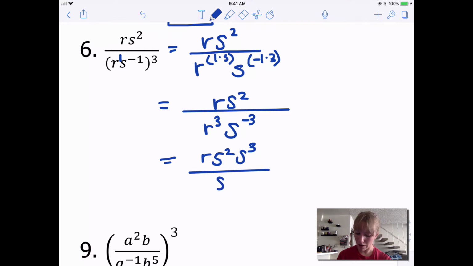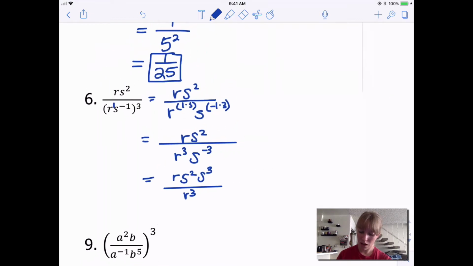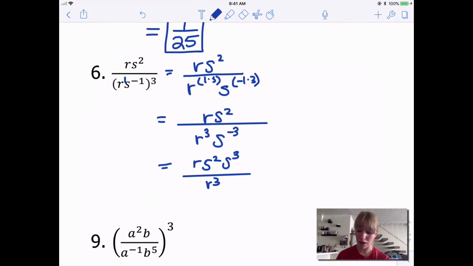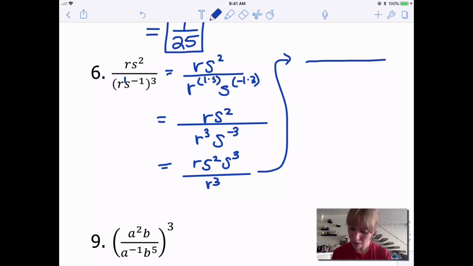On the bottom, I have an r cubed. And now I need to combine my r's and s's. So I can deal with either my r's or my s's first. I think I'll deal with those r's first. So I have r, 1 on the top and 3 on the bottom.